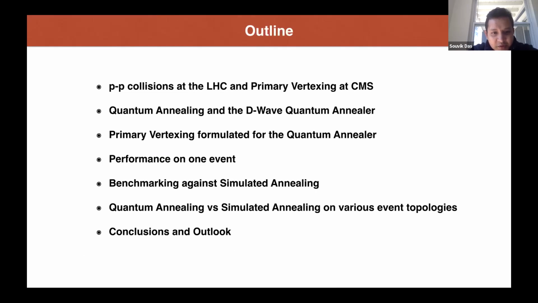I'm going to describe primary vertexing as formulated for the quantum annealer. We're going to show the performance of the D-Wave machine on one event. And then I'm going to show our formulation of benchmarking against a classical simulated annealer. Then we're going to show the comparison between quantum annealing results versus simulated annealing results on various event topologies for primary vertexing. And then we're going to have some conclusions and outlook.